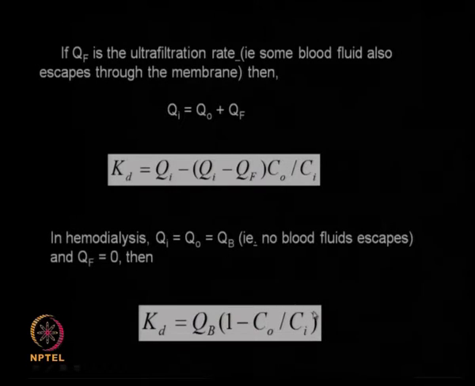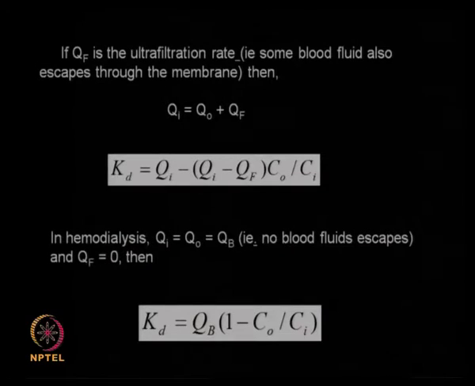Ci is the inlet concentration of the solute, C naught is the concentration of the solute leaving the dialyzer. C naught will be less than Ci, very small, because we are trying to remove the salts, right. So, this gives you an idea about the clearance.